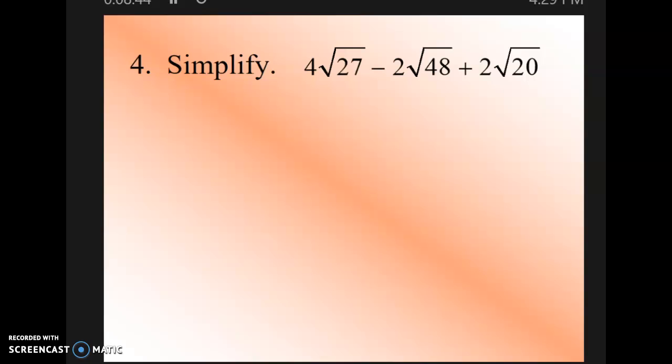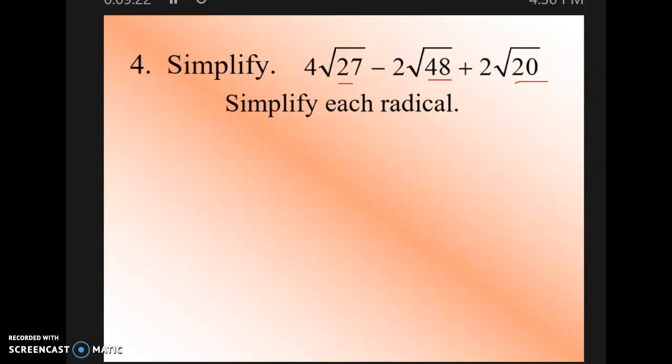Simplify 4 square root 27 minus 2 square root 48 plus 2 square root 20. They do not have like terms, so you cannot add these up yet. This is where it gets a little bit tricky, and you need to make some notes here on this slide. We need to simplify each radical, which is what we've been doing when we've been simplifying radicals.